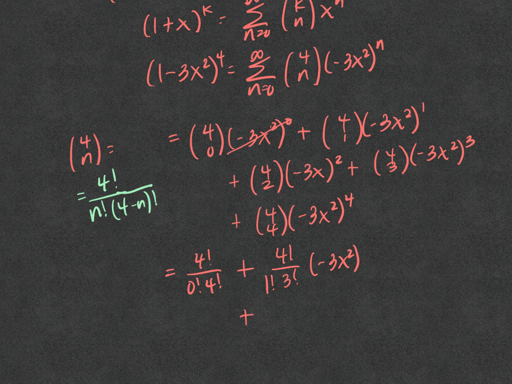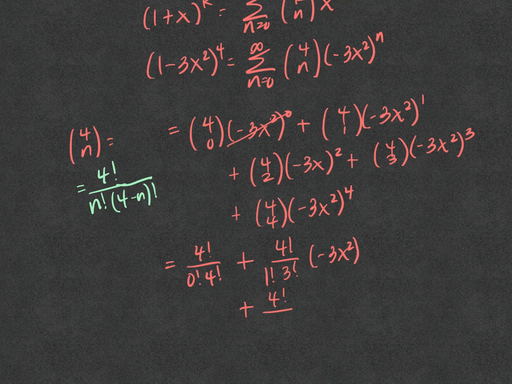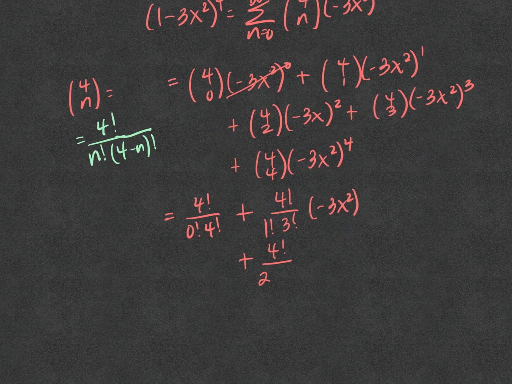I'm going to line them up. So I have 4 factorial for 4 choose 2. I have 4 factorial over 2 factorial, and 4 minus 2 is 2 factorial. Negative 3x squared, squared. Negative 3 squared is 9, and x squared squared is x to the fourth. So let's go ahead and throw that in there.